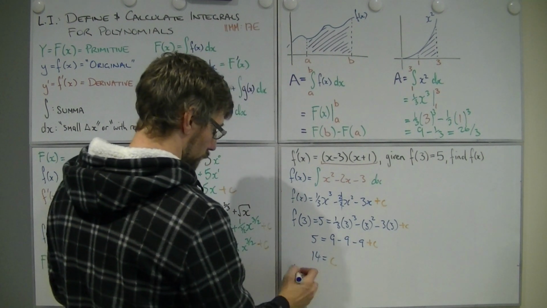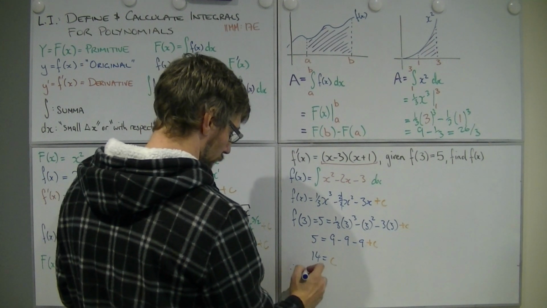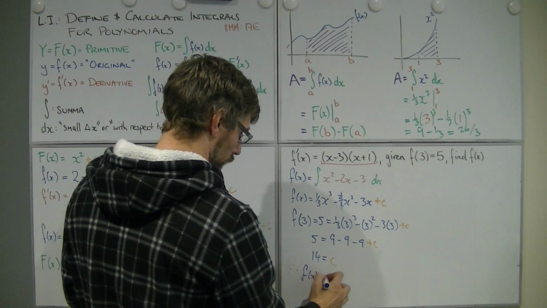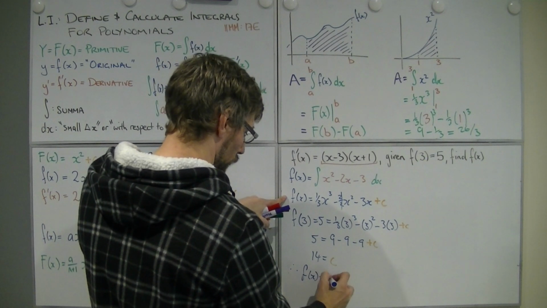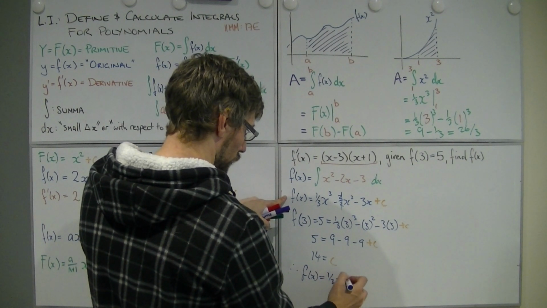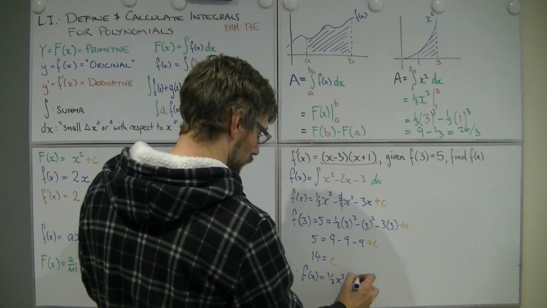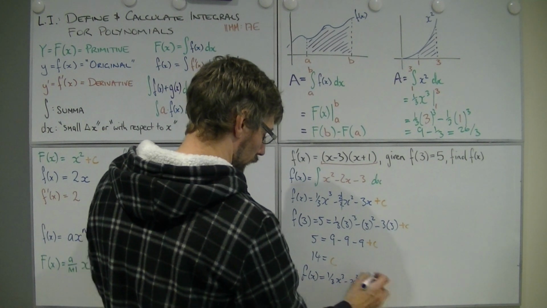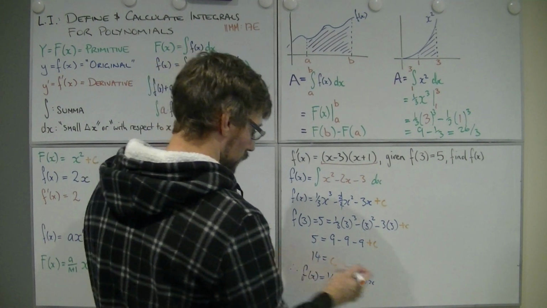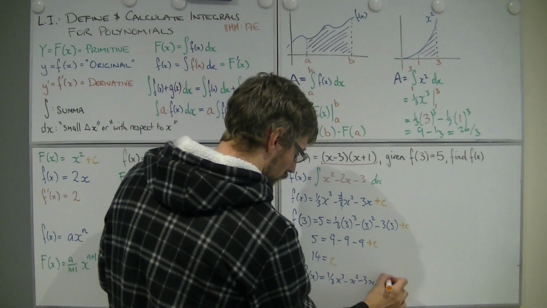So therefore f of x equals 1/3 x cubed minus x squared minus 3x plus 14.